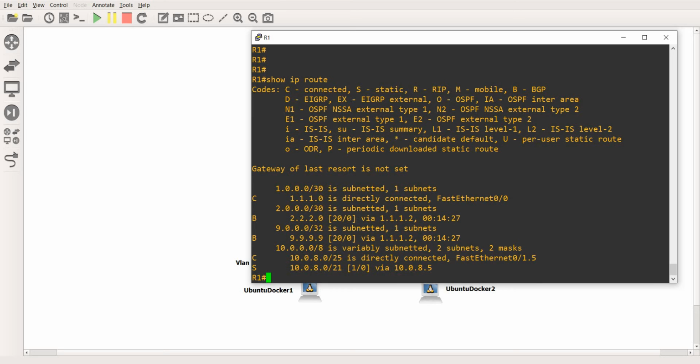But the router only focuses more on the destination IP address of that packet. So let's say that that packet has a destination IP address of 10.0.8.1.